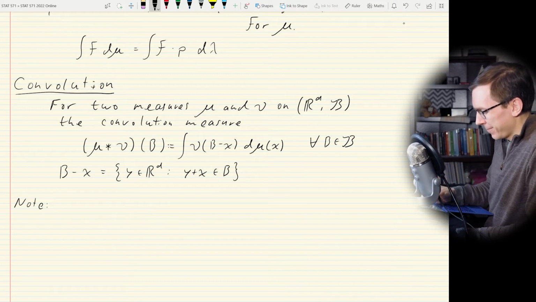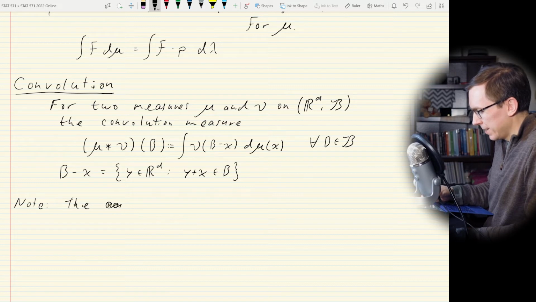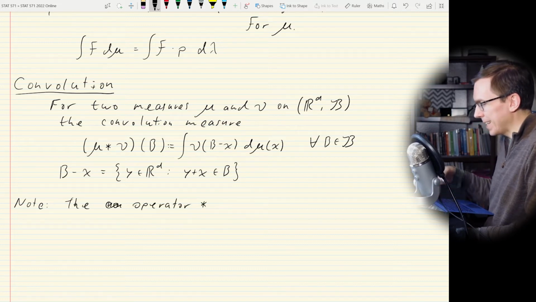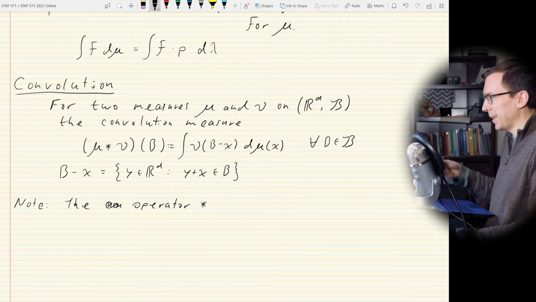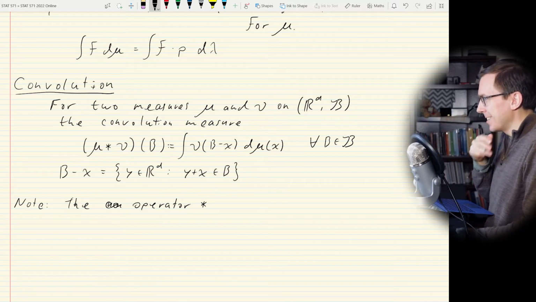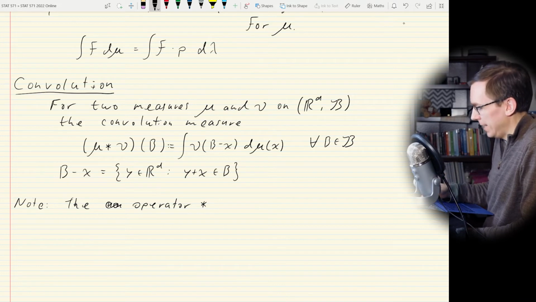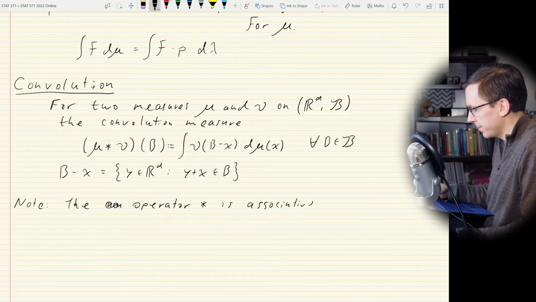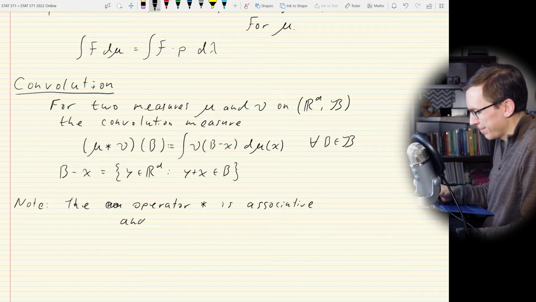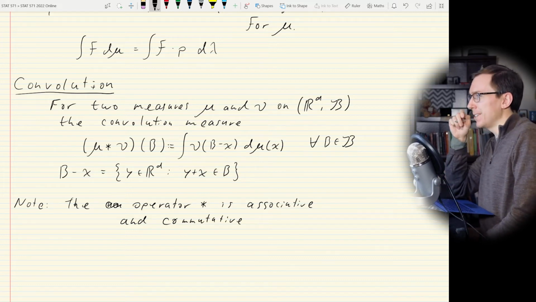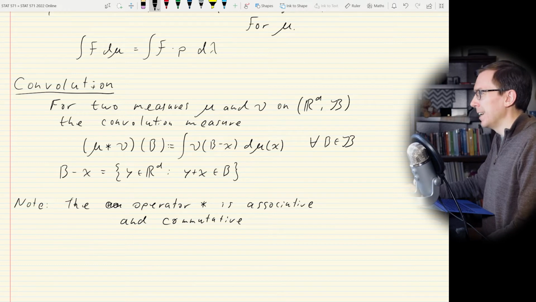Note: the operator star, like addition plus or multiplication cross, is both associative and commutative. It's not immediately obvious that it should be commutative, but you can try to show that if you want.